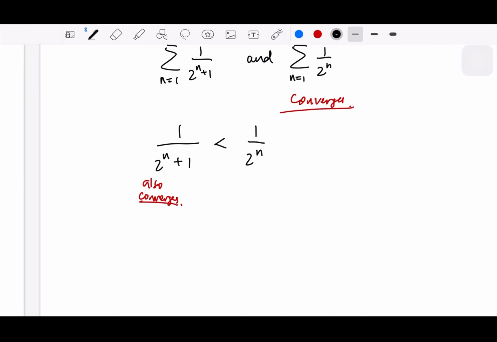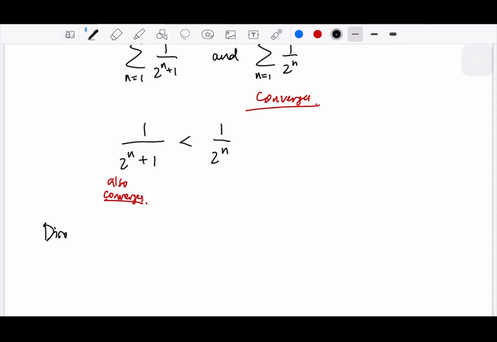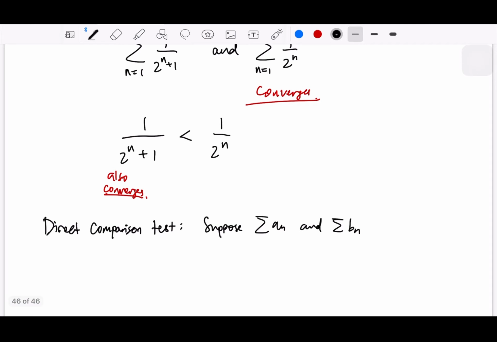This is what we call the direct comparison test. So suppose we have two series, both having positive terms.